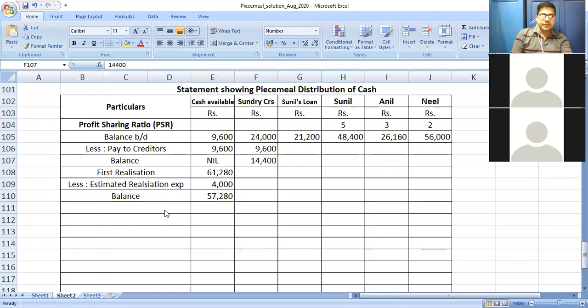So we write: less paid to creditors, amount 14,400.